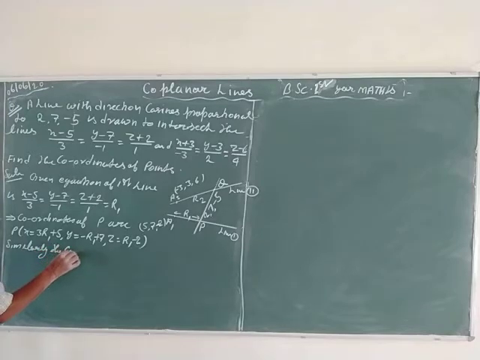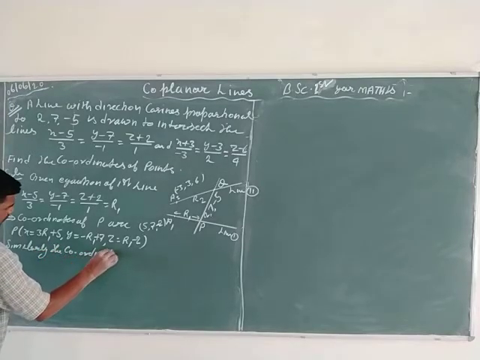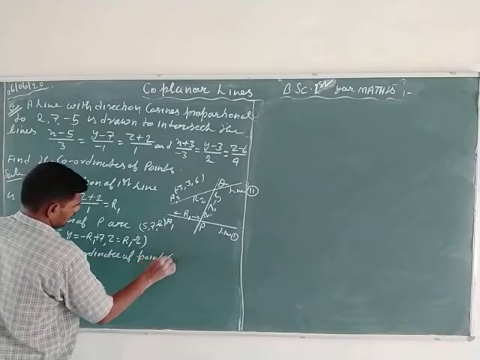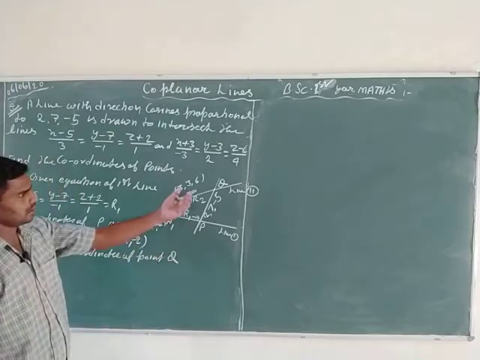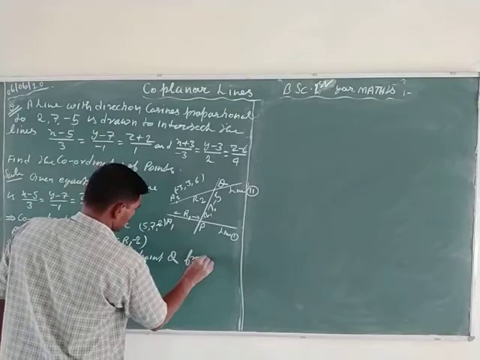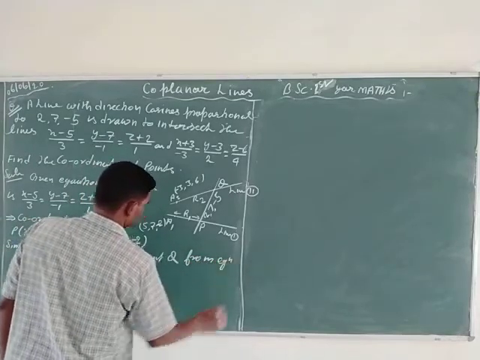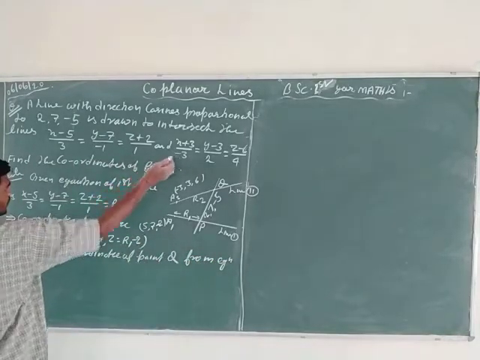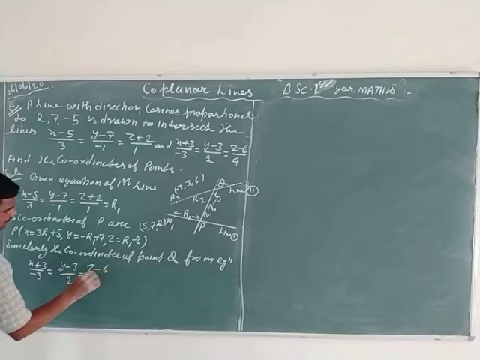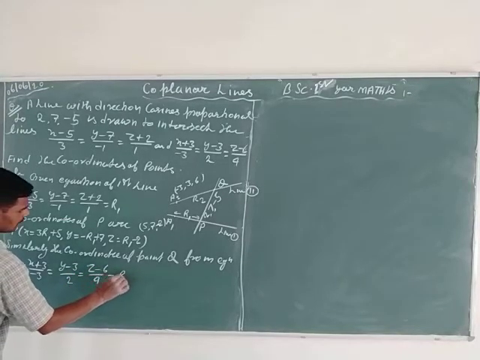Similarly, the coordinates of point capital Q, which lies on the second line and third line, come from the second line equation: (x plus 3)/(minus 3) = (y minus 3)/2 = (z minus 6)/4 = R2.